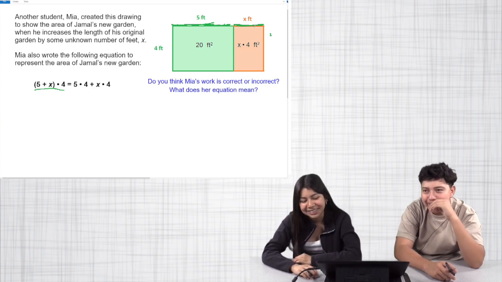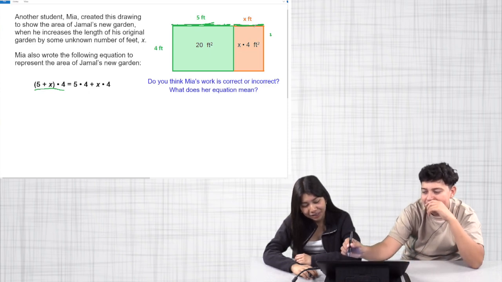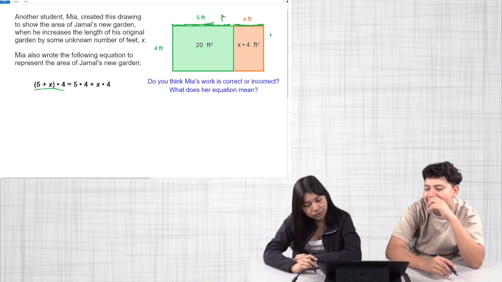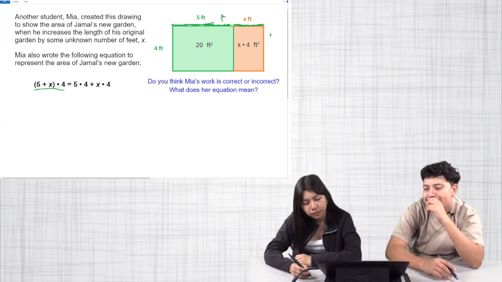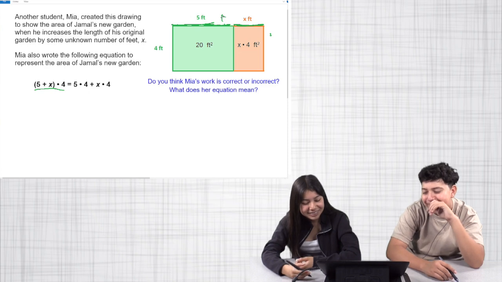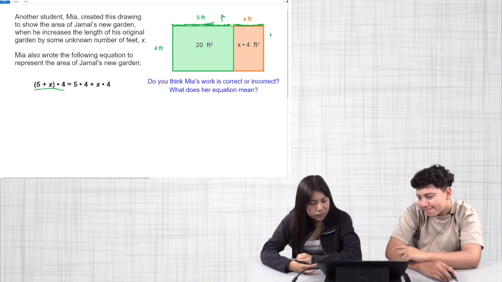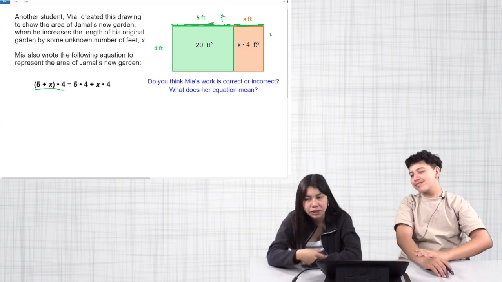Do you think you guys could label where 5 plus x is? Does that show that it's the length of the new garden? Okay. And then Emily, take me through the times 4. What does that mean? The times 4 is the length on both sides.